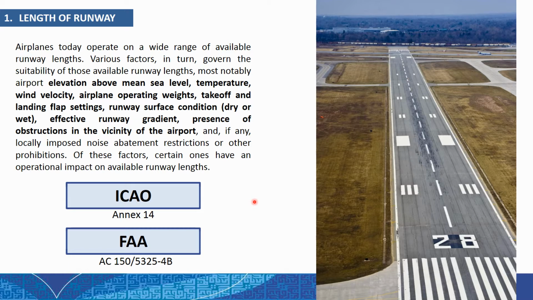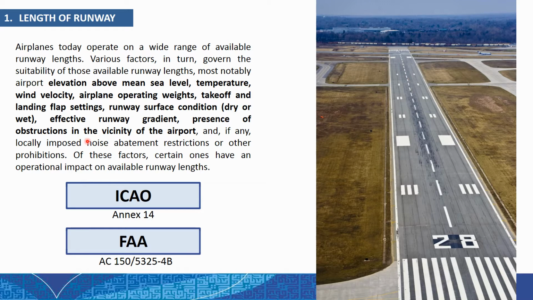There are various factors that will affect the length of the runway, such as elevation above mean sea level, temperature, wind velocity, airplane operating weights, takeoff and landing flap settings, runway surface conditions like dry or wet, effective runway gradient, presence of obstruction in the airport, and any other restrictions.